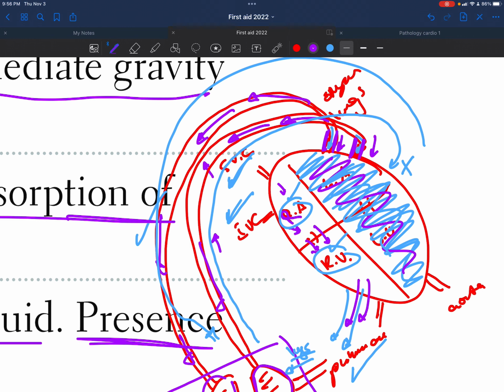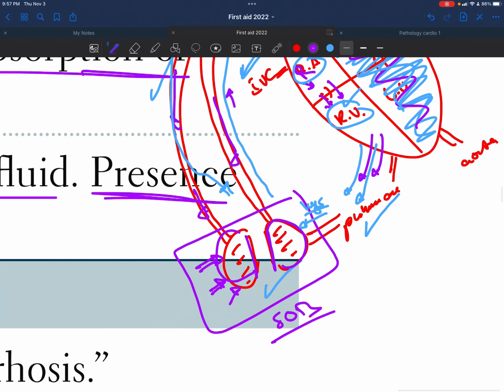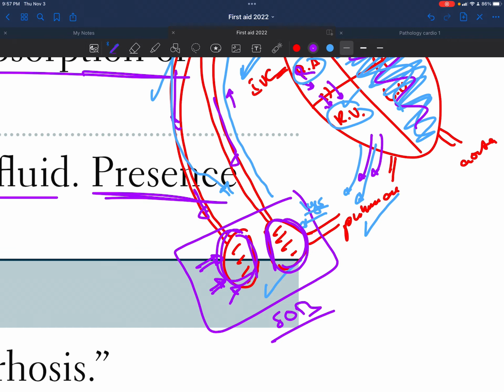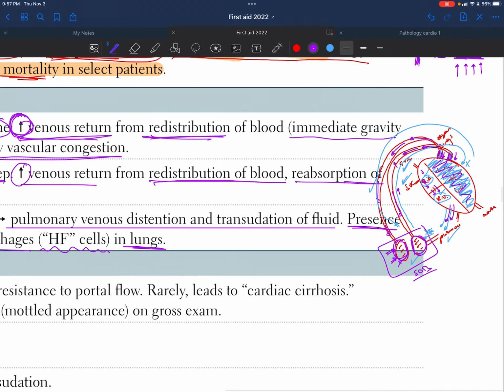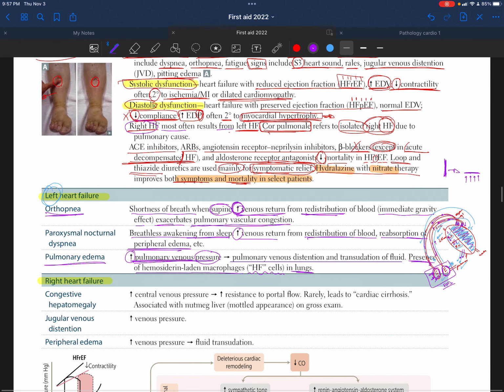They're attached to the left atrium, and also we can consider the small capillaries surrounding the lungs. So they do have high pressure now because of the backup of blood into them, and of course because there's a lot of blood in these vessels, they start transudating, because the blood within them has some hydrostatic pressure, and it starts pressing on the vessel wall and exiting the vessel wall into the interstitium, and now we have pulmonary edema.